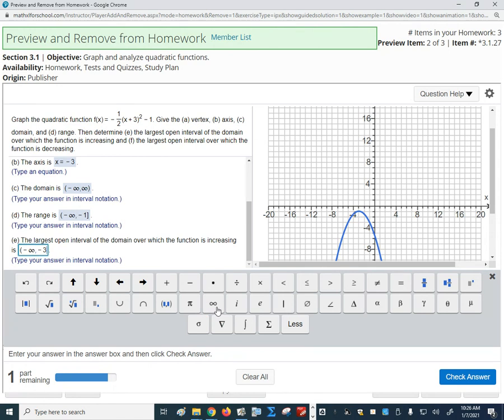What kind of symbol am I going to put after the -3, Liliana? Okay, so a bracket would mean I'm including the -3. Is the function increasing at -3? No, you're right, it's not, because that's a point of transition, isn't it? So what would I have to put there? Parentheses, good. Does that make sense, everybody?